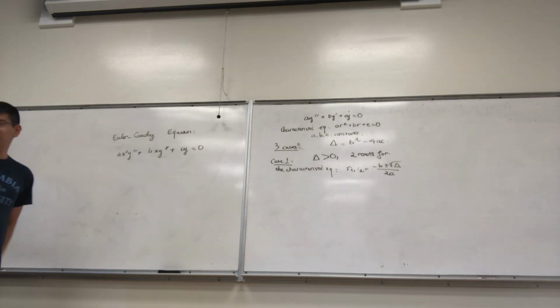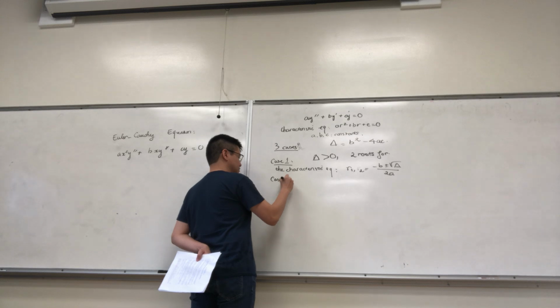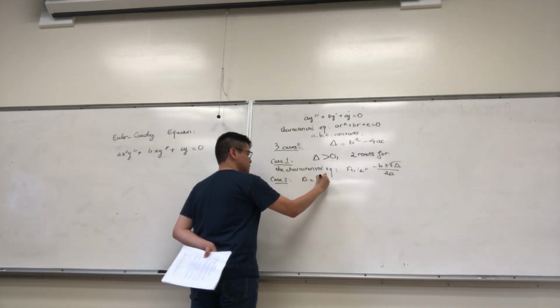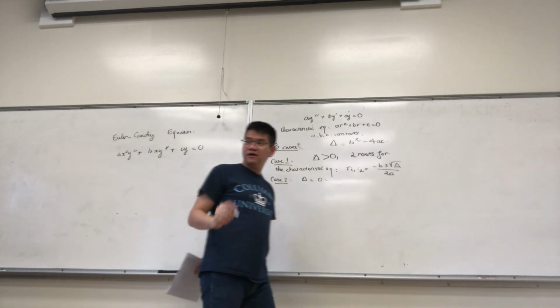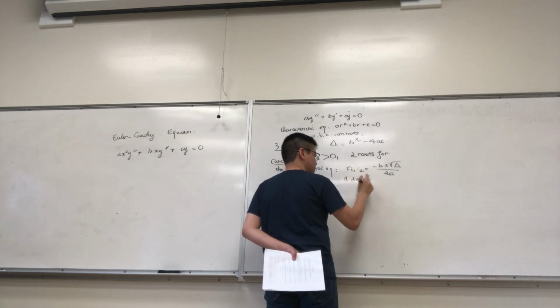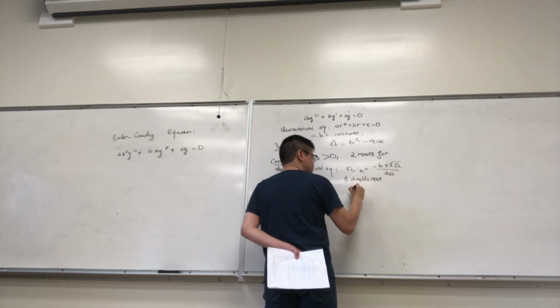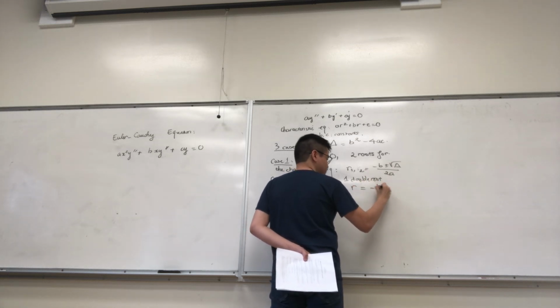So this is the table that we wrote before. Case number 2, when delta is 0, you have one double root. r will be minus b over 2a.